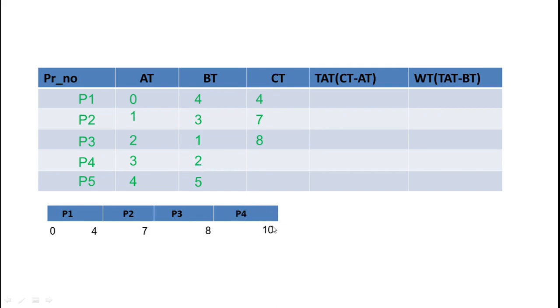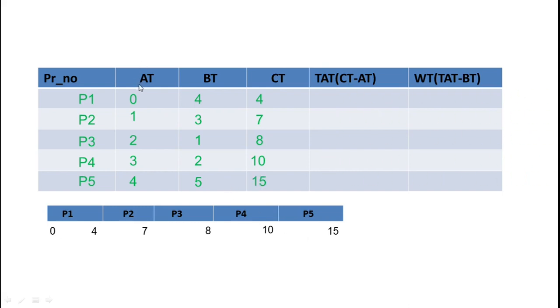So 8 plus 2, 10 will become the completion time for process P4. The next arrived process, that was P5, will start its execution from 10 millisecond and burst time is 5. So 10 plus 5, 15. So P5 will complete its execution at 15 millisecond.